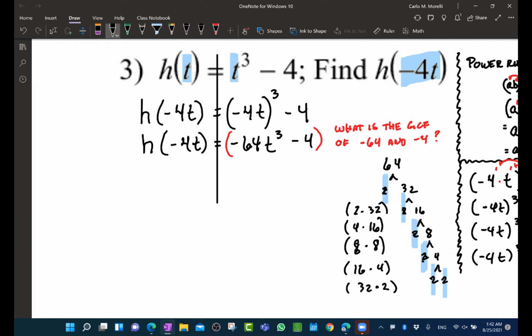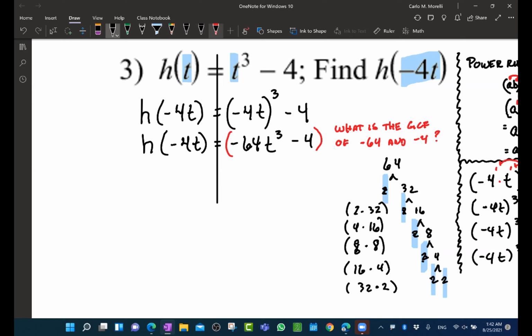And so what I'm looking for here is 64 and 4. What is the greatest common factor of 64 and 4? The answer is 4, right? So negative 64 and negative 4, the greatest common factor would be negative 4.